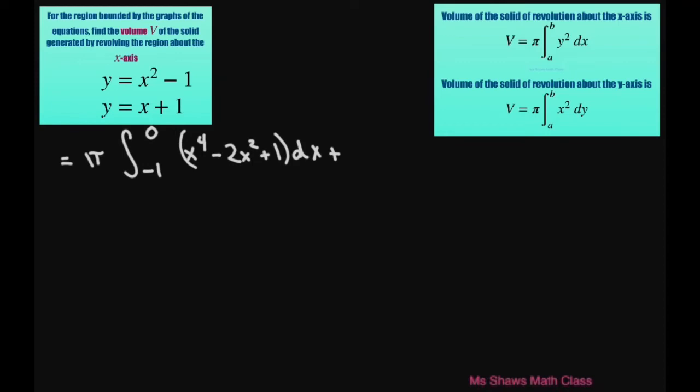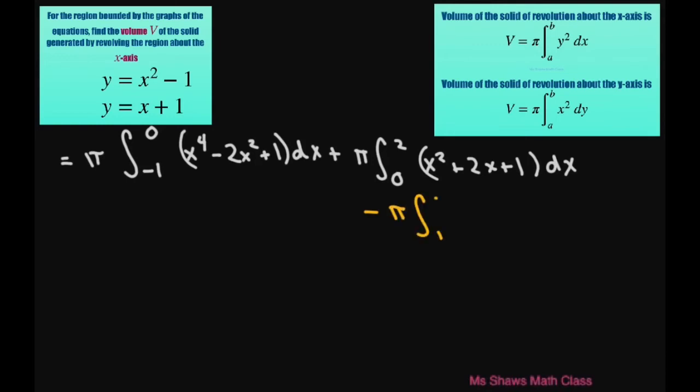And then for that second integral, I had pi times the integral from 0 to 2 of x squared plus 2x plus 1 dx. And then we subtract that little bit that was included in this piece, so that's the integral from 1 to 2 of x to the 4th power minus 2x squared plus 1 dx.